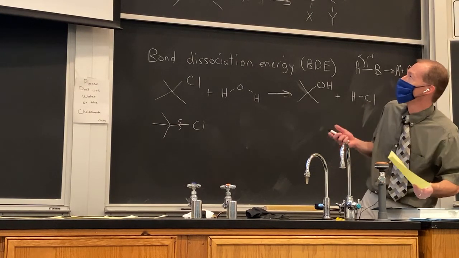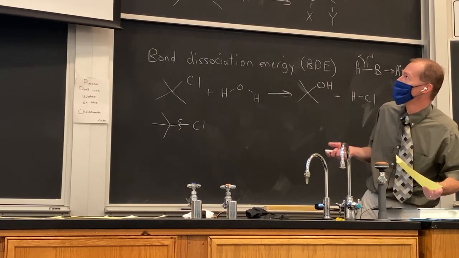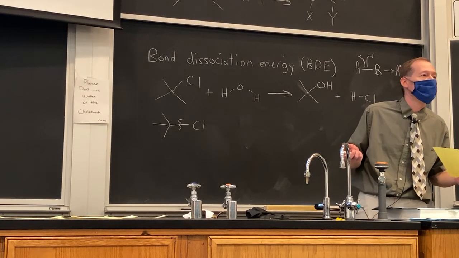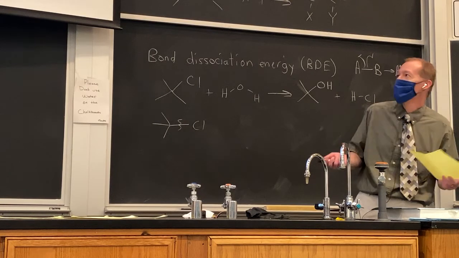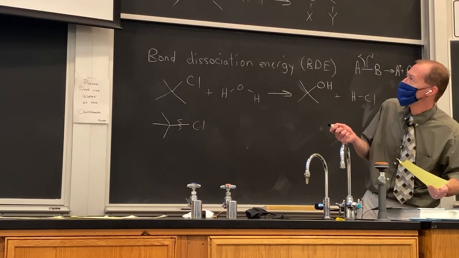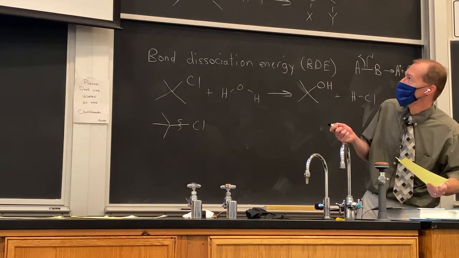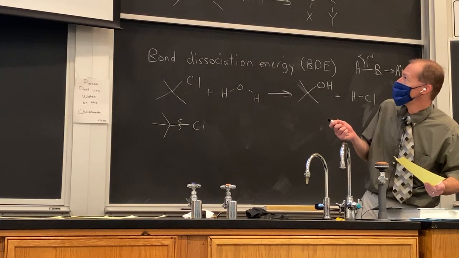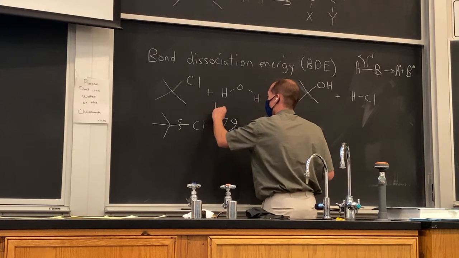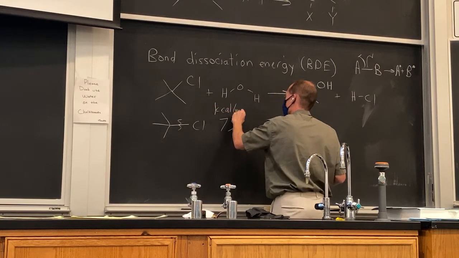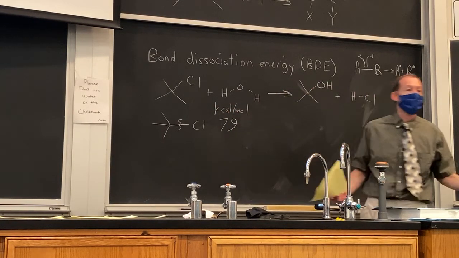Okay, what is the bond dissociation energy in kcals per mole for that bond? 79. Okay, it's right here. Here's our tert-butyl group. Here's our chlorine. 79 kcals per mole. That's how much energy it's going to cost us to break that bond.